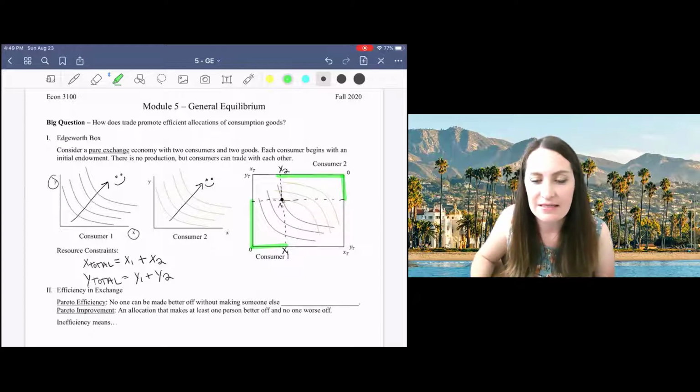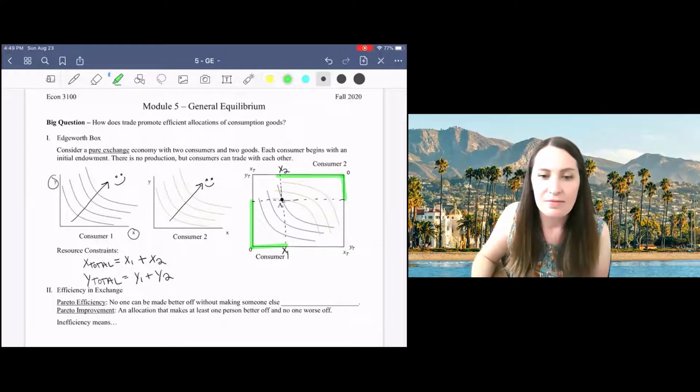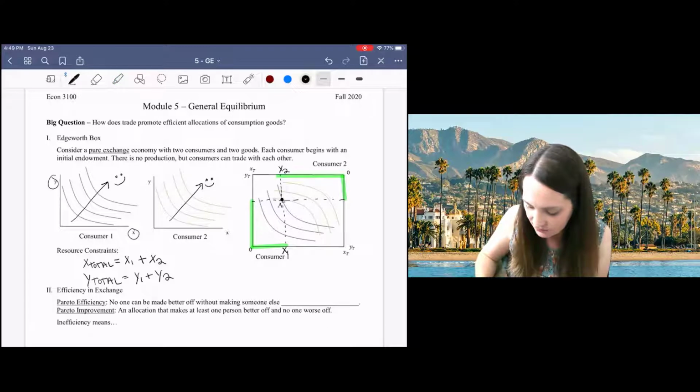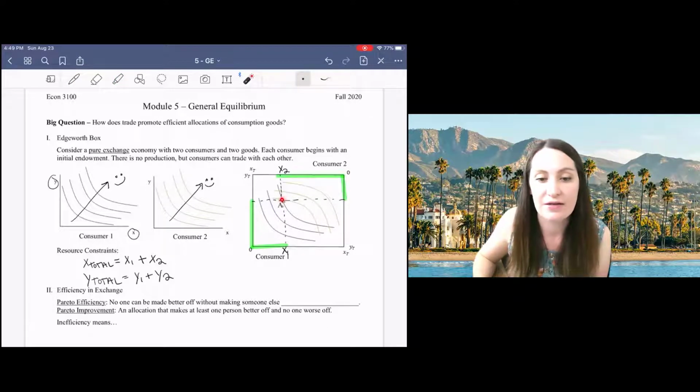And you can see that at point A, person 1 has a little X and a lot of Y, whereas person 2 has a lot of X and a little Y. Each point within the box represents a different point of consumption for our consumers.